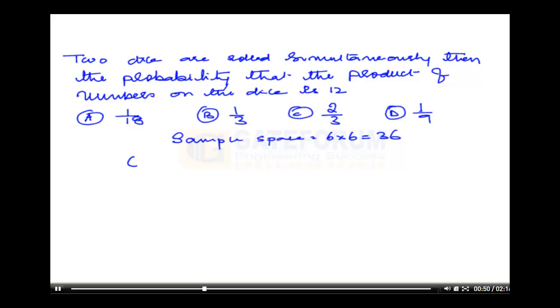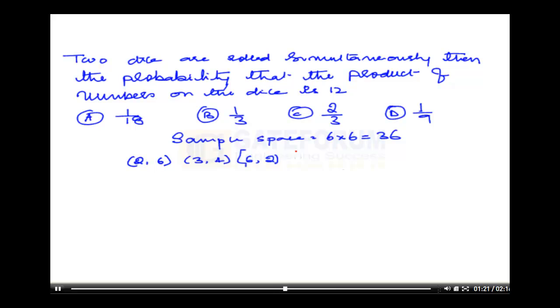First number 2, the other number on the second dice may be 6, the product is 12. Similarly, 3 on the first die, 4 on the second die, the product is 12. Again 6 on the first die and 2 on the second die, the product is 12.